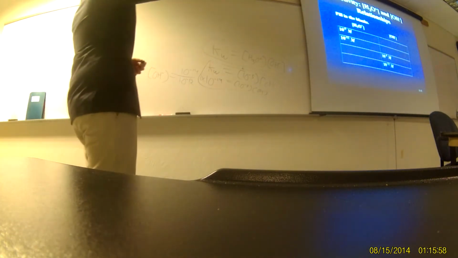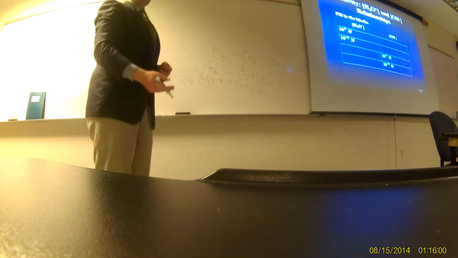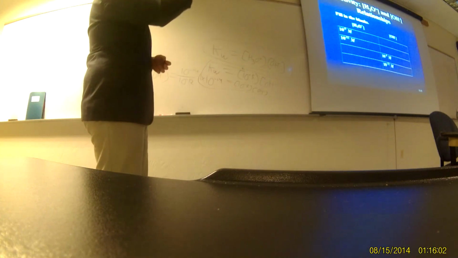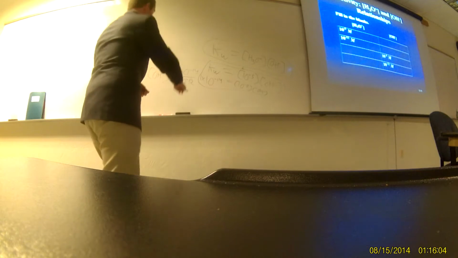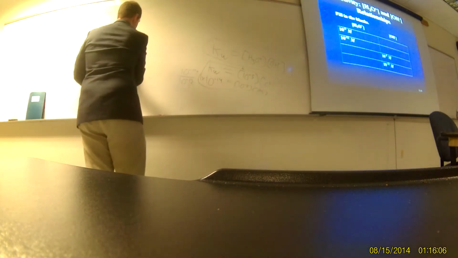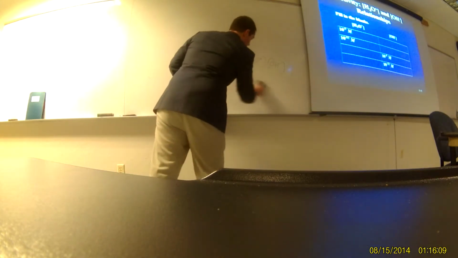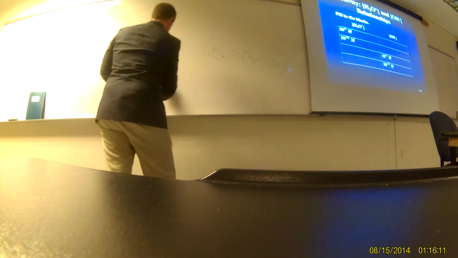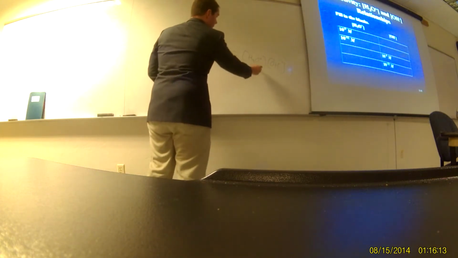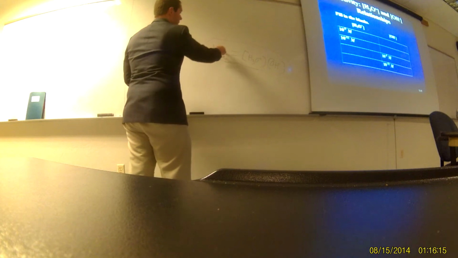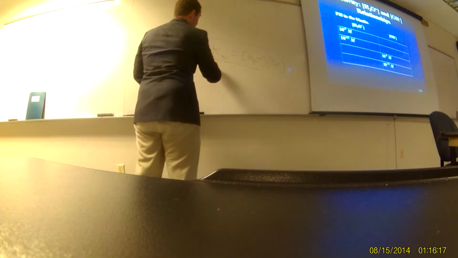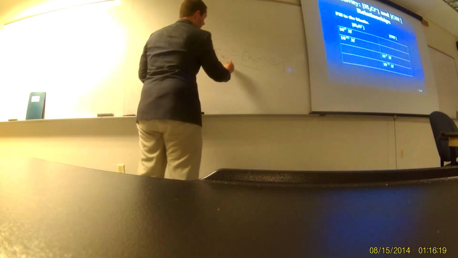So the last two, it's the same thing again, but we know the hydroxide and we're solving for the acid. And so this is my equation still. I know Kw is 1 times 10 to the negative 14.